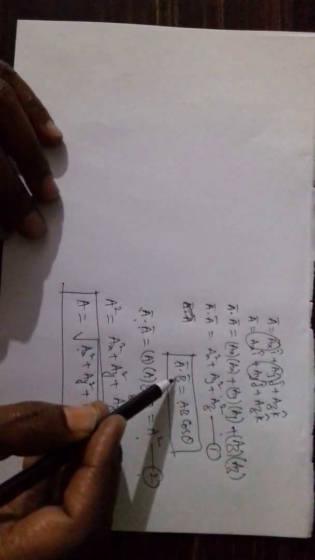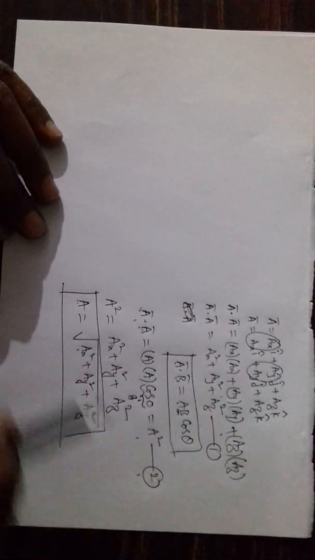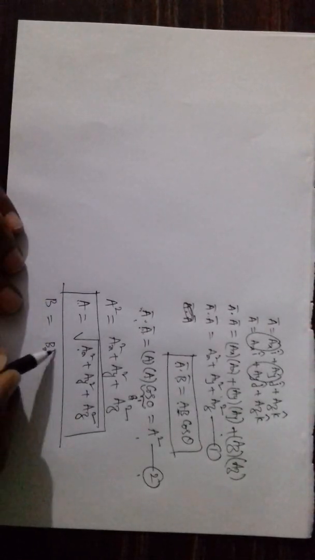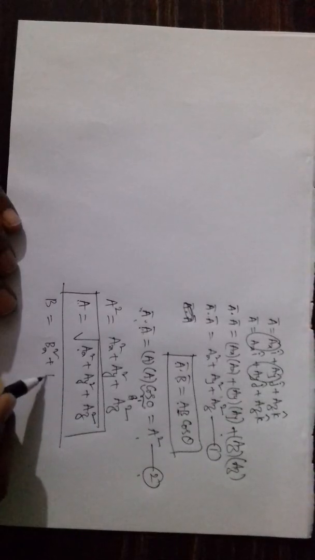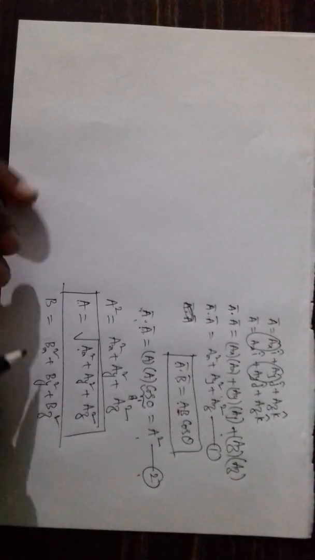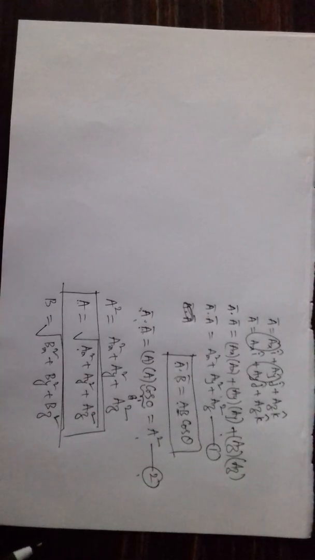Similarly, suppose you want to know the magnitude of b. B is equal to under root bx square plus by square plus bz square. In this way we find the values.